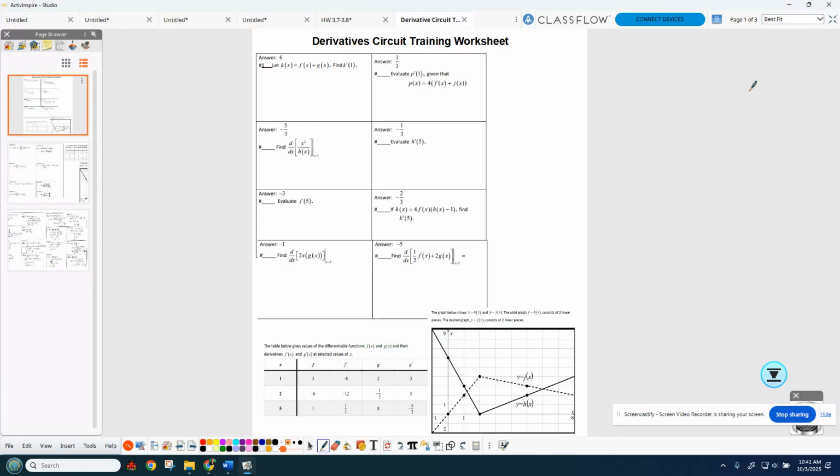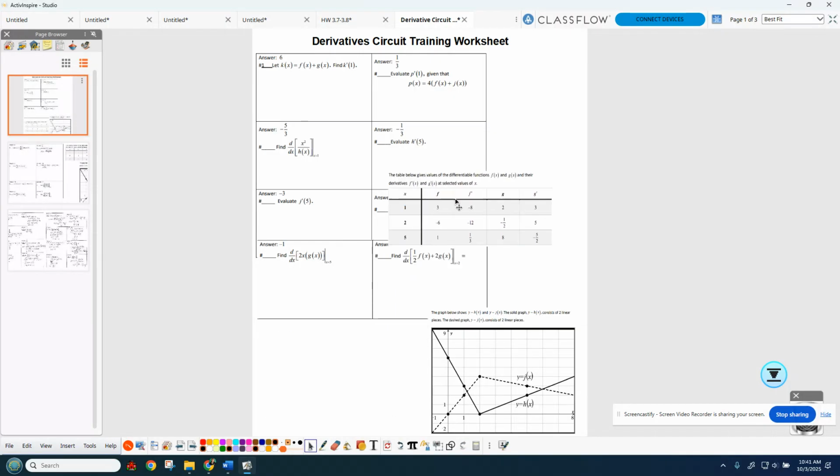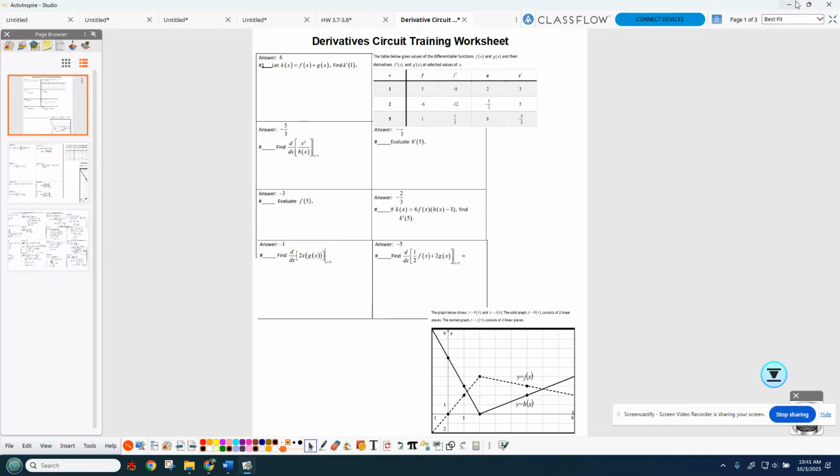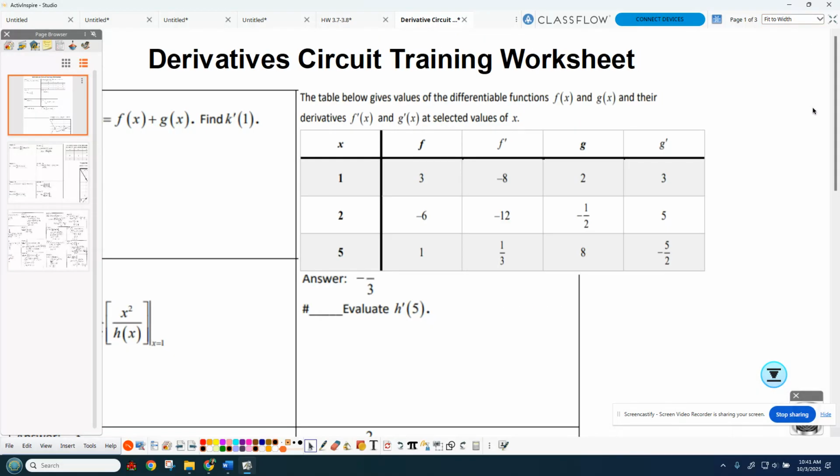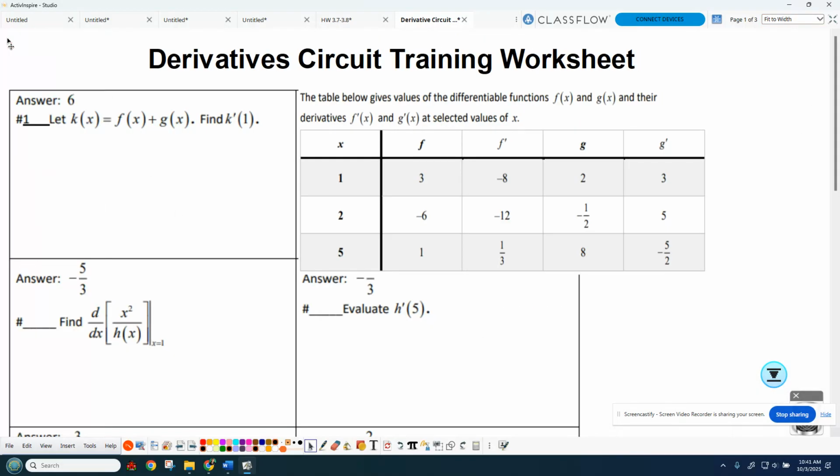Okay, so first, let's just look at the first question. This is a circuit training sheet, and the way those work, again, is this one's number one, and they're asking if this is K, find K prime.